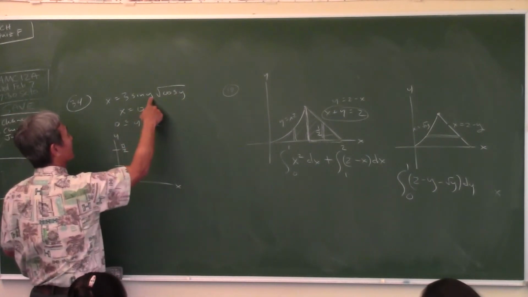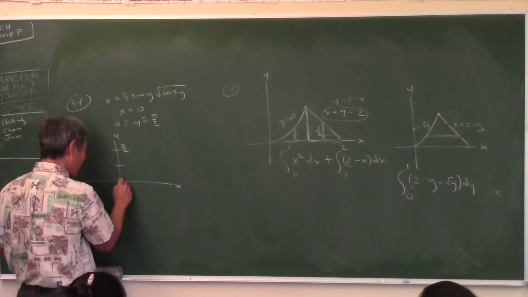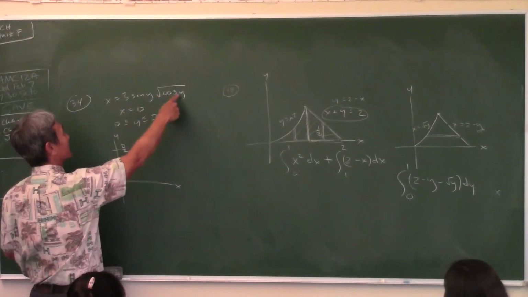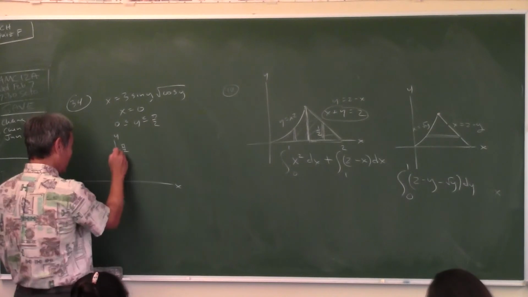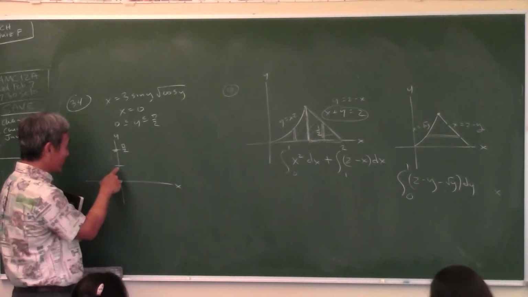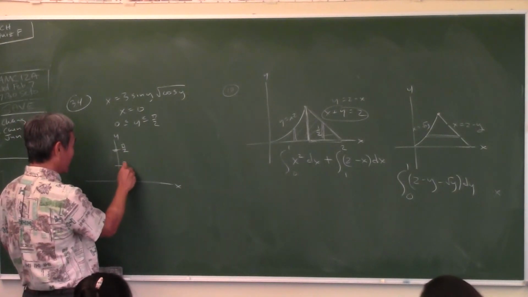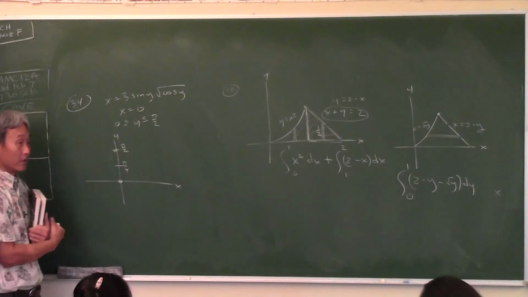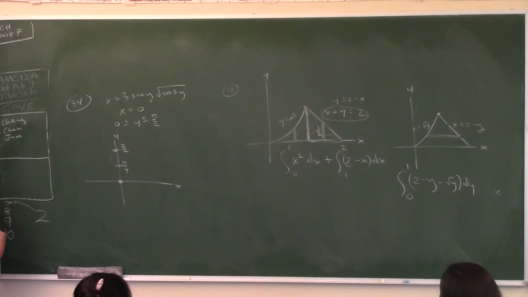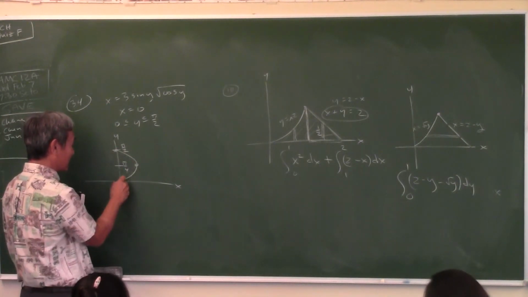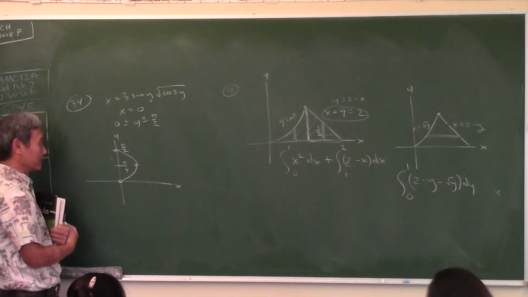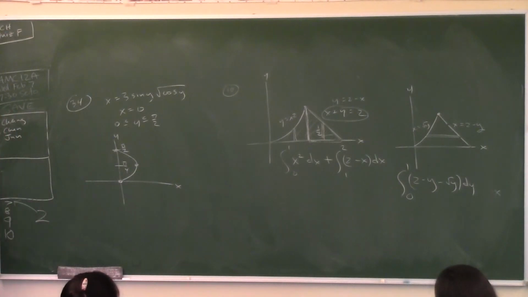You get 0. Plug in pi over 2 for y. 0. And then plug in a point in between, like pi over 4. You don't have to give me the exact number, just tell me if it's positive or negative. So x is positive, so it's going to be like this, you just connect the dots. Good enough. The graph looks something like that.